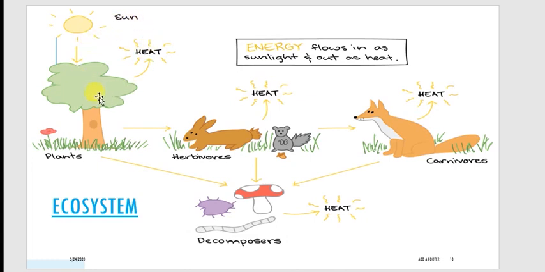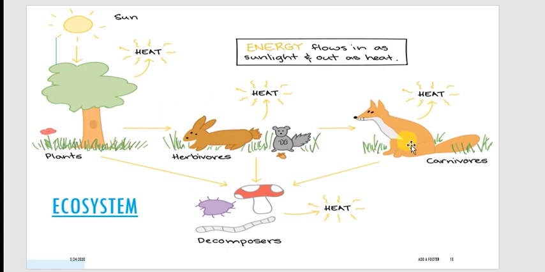It's interacting with the tree by giving it heat and light, and the plants are interacting. There is an interaction between them and the herbivores. Herbivores are animals which eat plants. They do not eat meat.